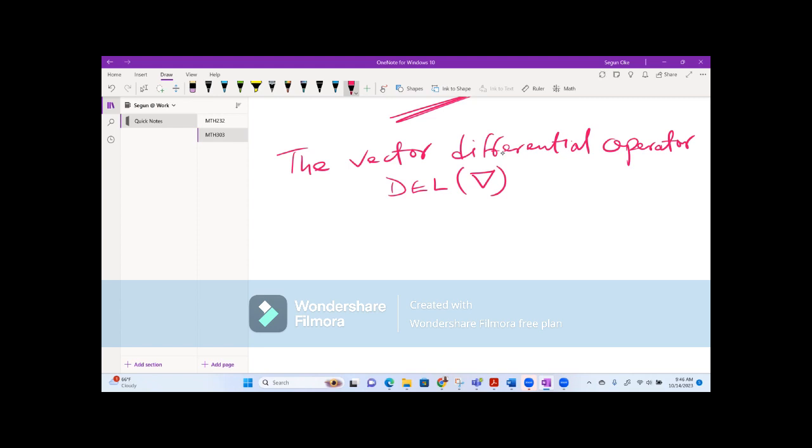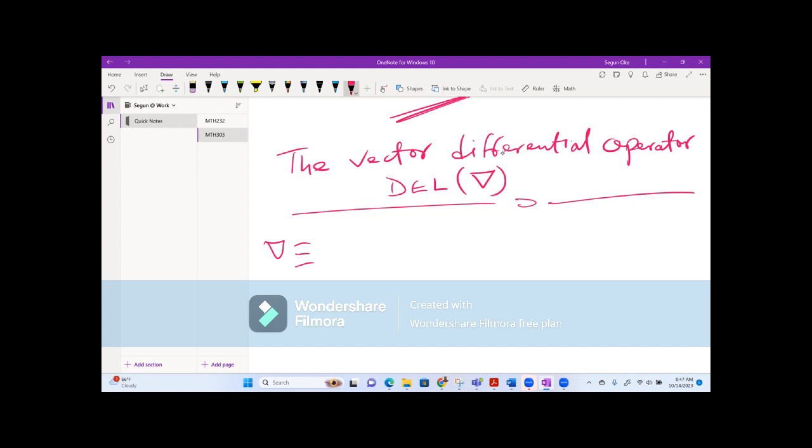So we have different differential operators in this case, and one of them is del. Like I mentioned, we are going to talk about three things: the gradient, the divergence, and the curl. So let's look at the definition of this particular del.